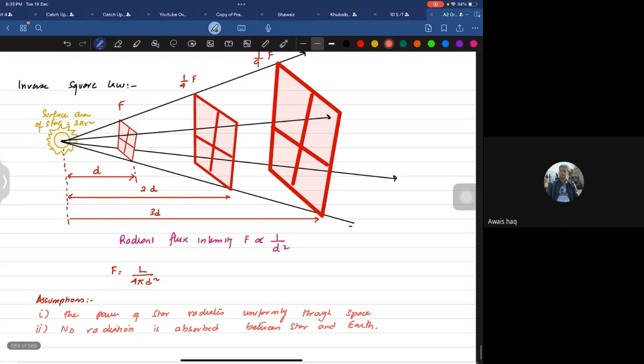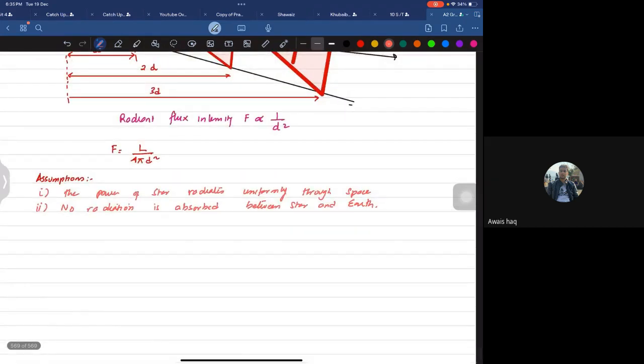Now, from the same formula, we have basically made a couple of other discoveries.